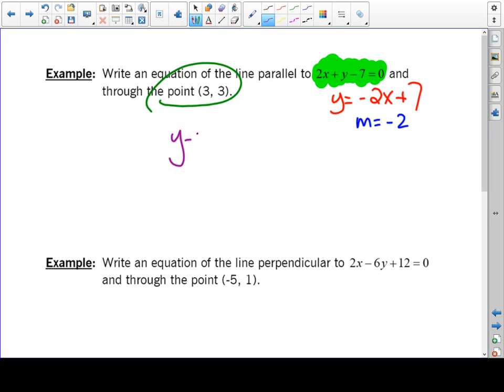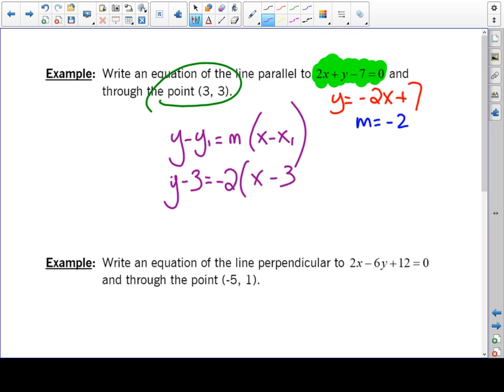So we go y - y1 = m(x - x1). So y take away 3 equals -2(x take away 3). And then we just use the distributive property on the right side of the equal sign and bring everything over to one side and see how it all plays out.